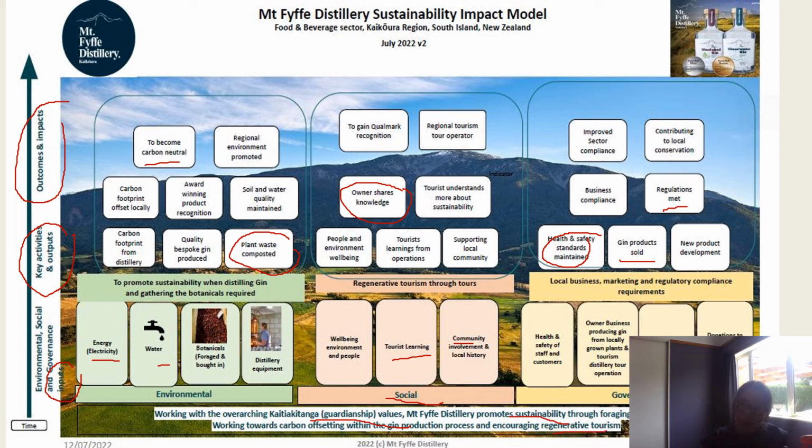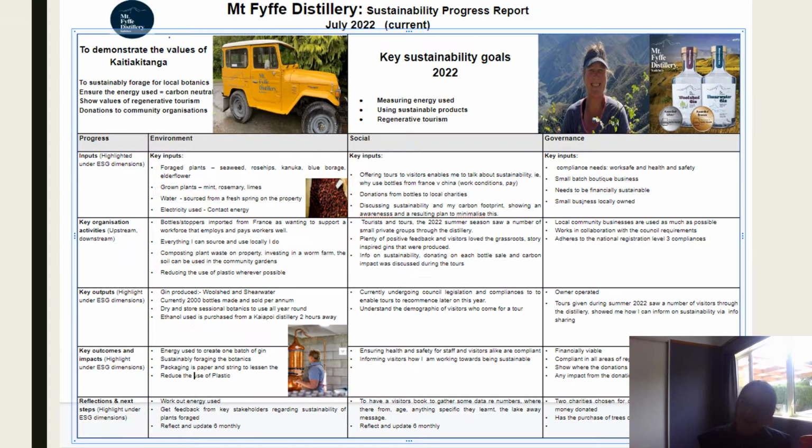And this helped her get clear on what she's working towards and can share with her customers and her products. So this is called an impact model. And she developed this on one of our courses. And then next, she was able to report against it.